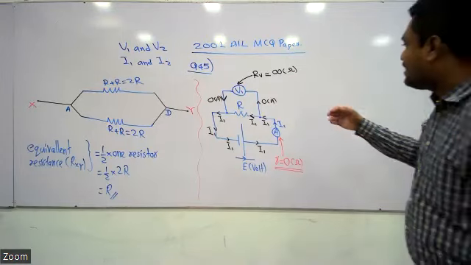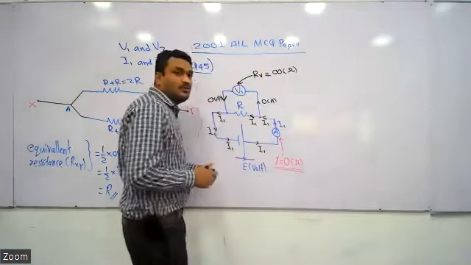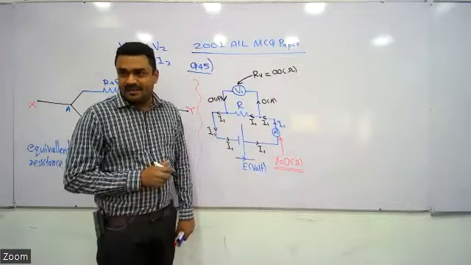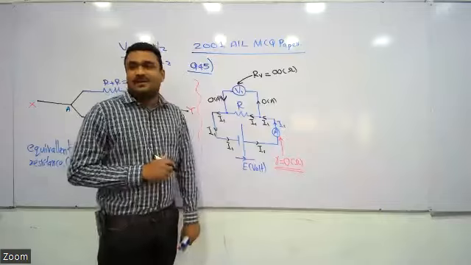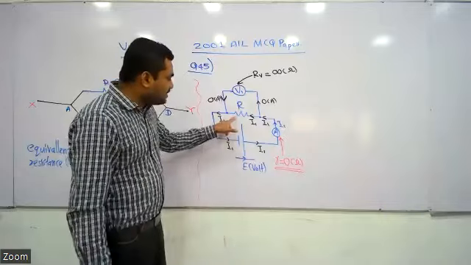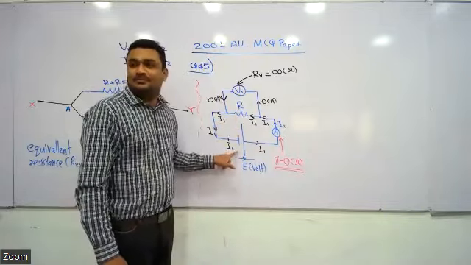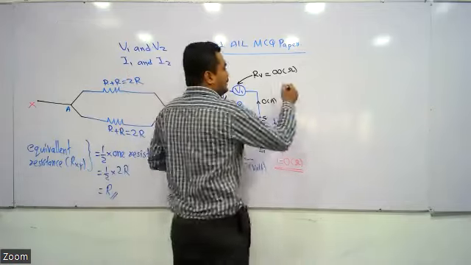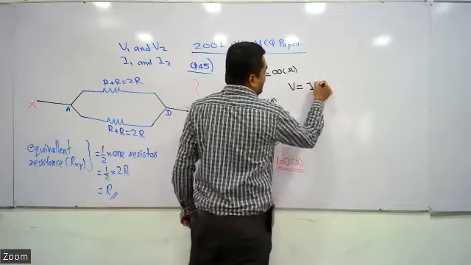Right. How do we find the current here? To find the current, we should apply Kirchhoff's law. Am I right here? Actually, for this circuit, no need to apply Kirchhoff's law. Why? There is only one resistor, one battery. Then we can apply Ohm's law, V equals IR.